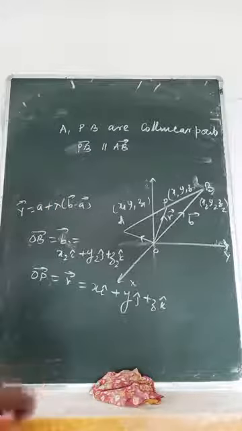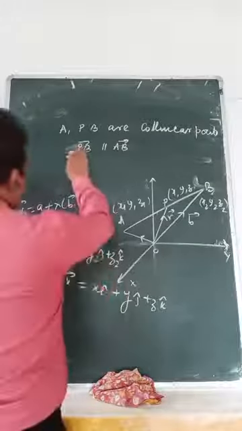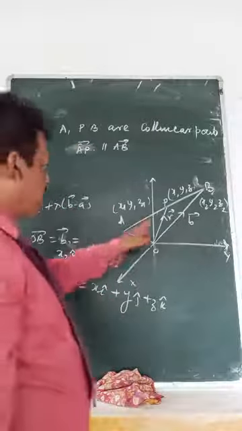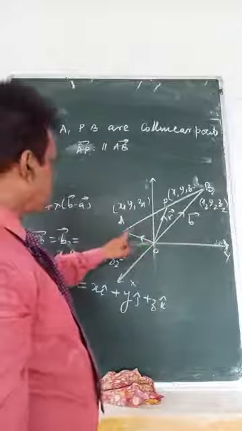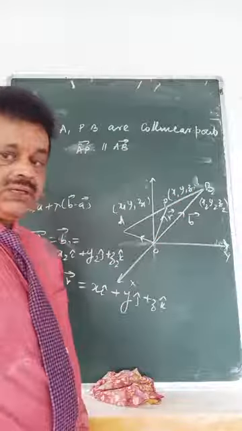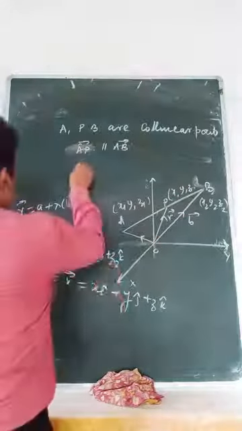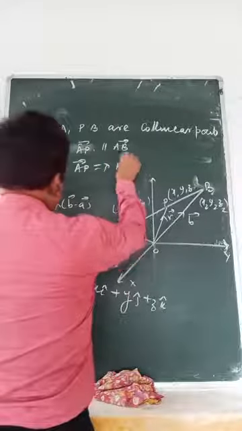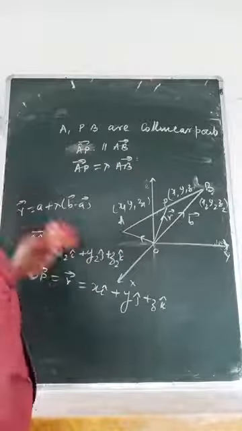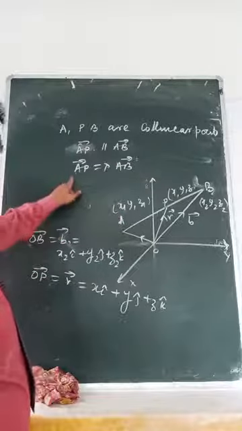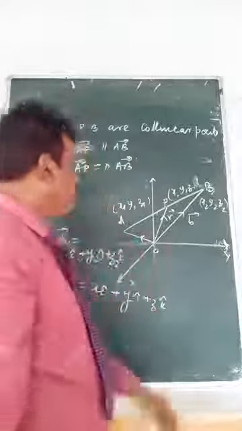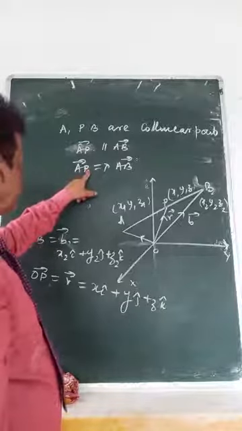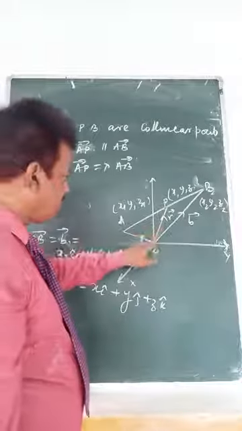Okay. I can say here, instead I can take AP vector is parallel to AB vector because collinear. So I can write AP equals to lambda AB vector. Now AP, there is a way to write also. AP is terminal minus initial. Terminal means the position vector of point P, which is R vector.